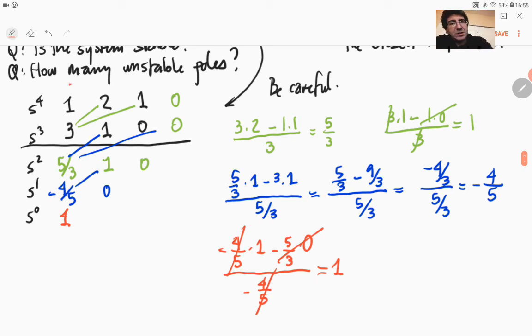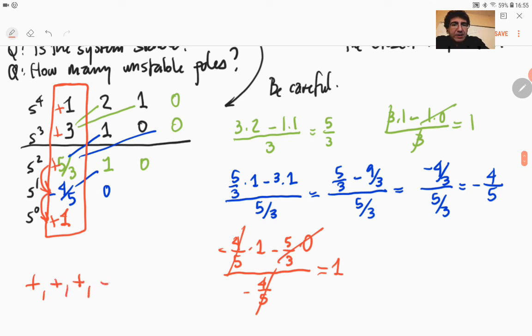So let's consider the first column. This is plus, plus, plus, minus, plus. So one sign change here, another sign change here. Two sign changes, one plus to minus and one minus to plus.